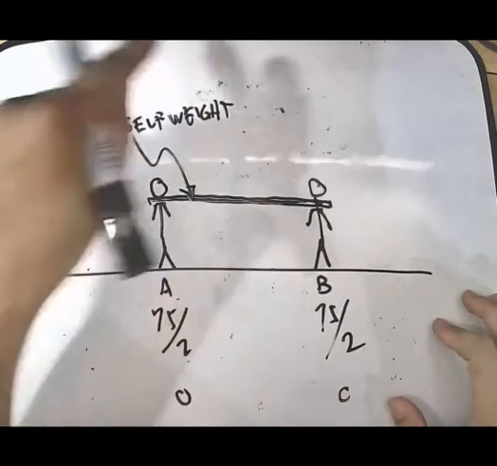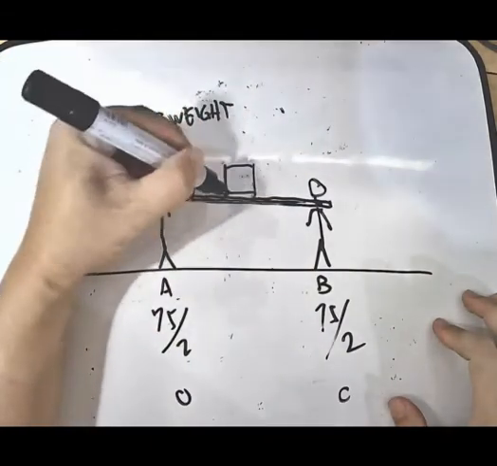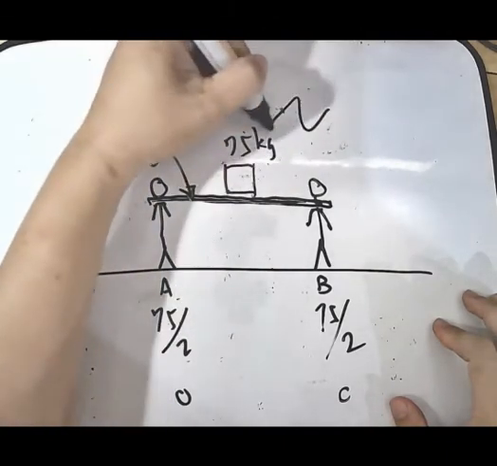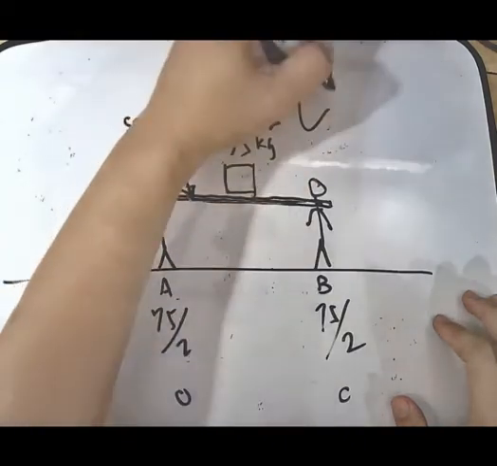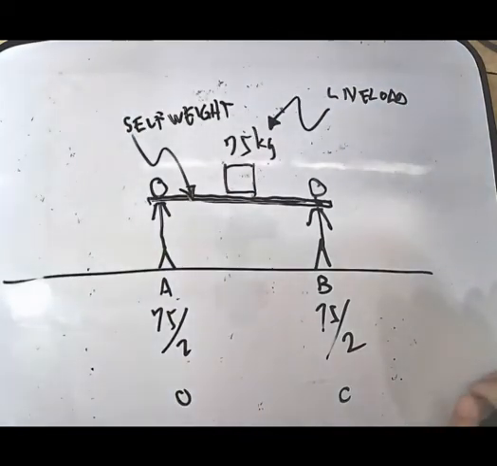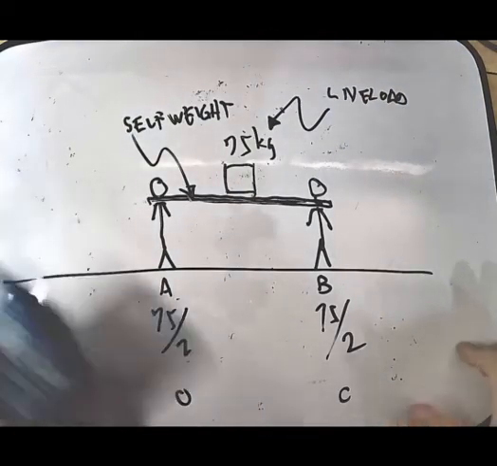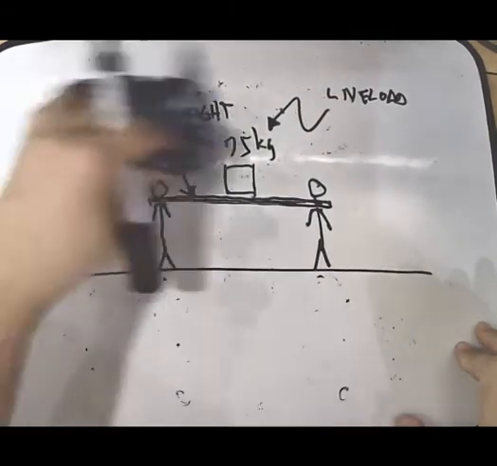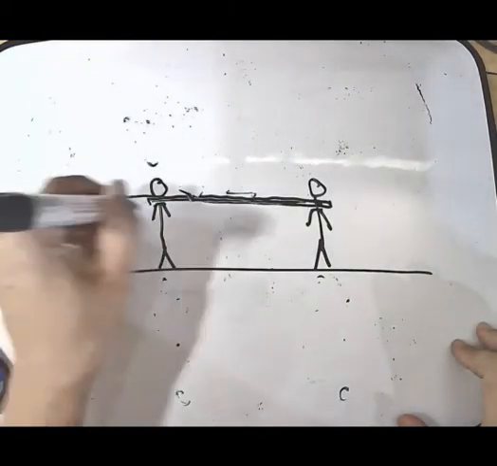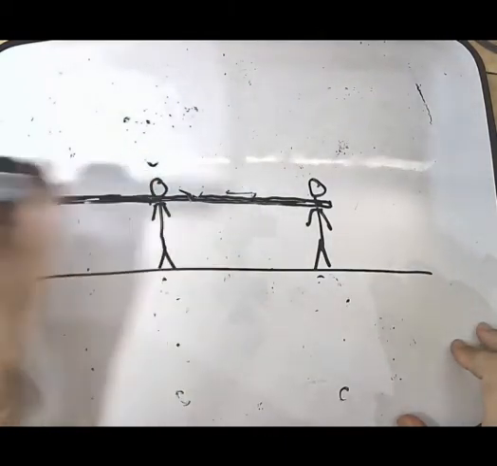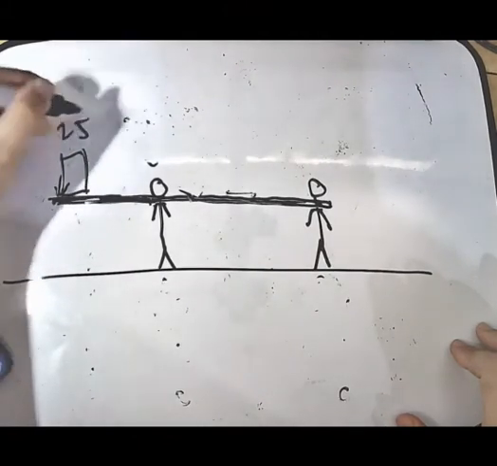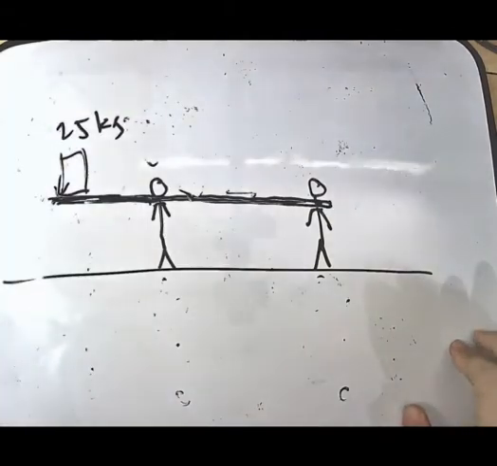Ngayon, pag naglagay na tayo dyan ng tatlong sakong bigas, 75 kilograms, ang tawag dito, yan yung live load na tinatawag. Okay? Next is, what if ang case is something like this. Naglagay tayo dito ng 25 kilograms, di ba?